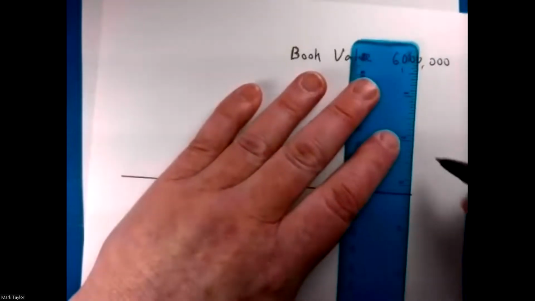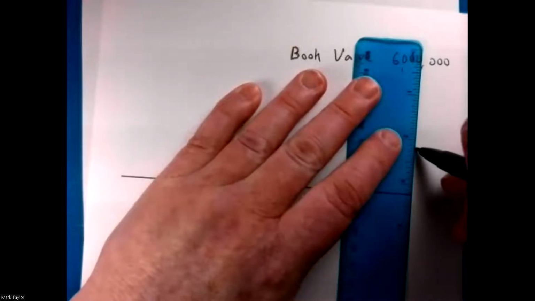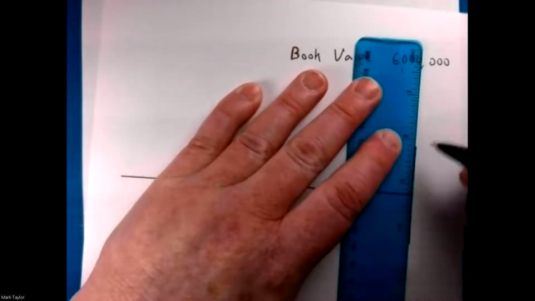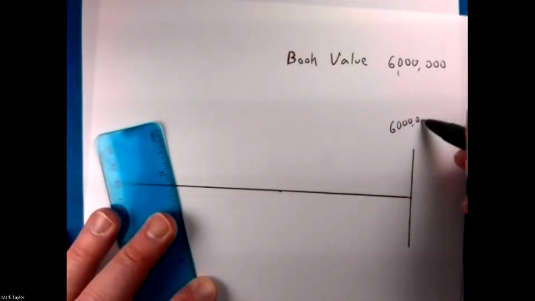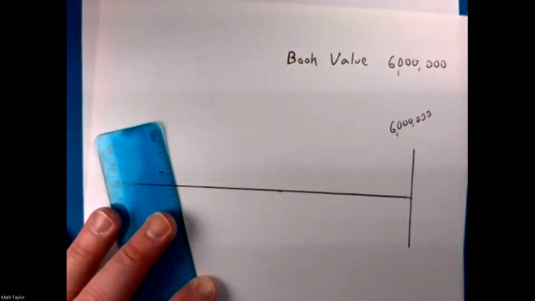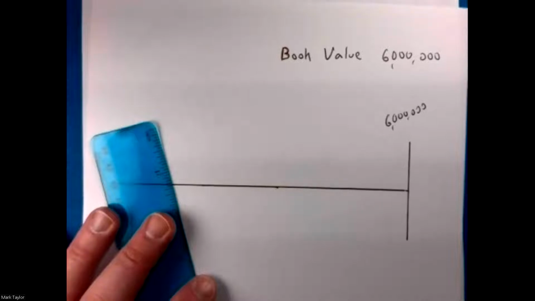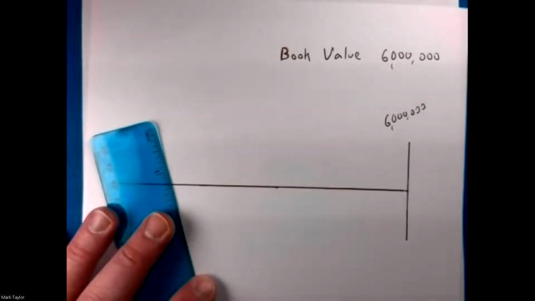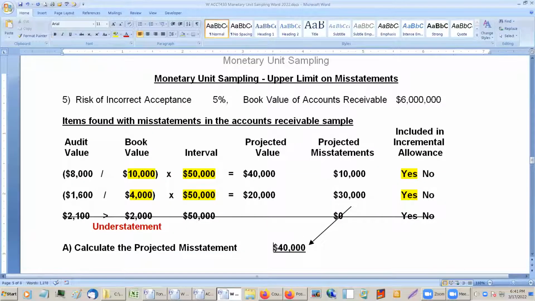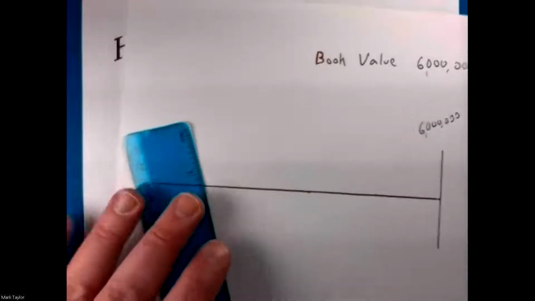So if this was say 6 million, we were saying that our best estimate is that this is off by $40,000. The projected misstatement was 40,000.